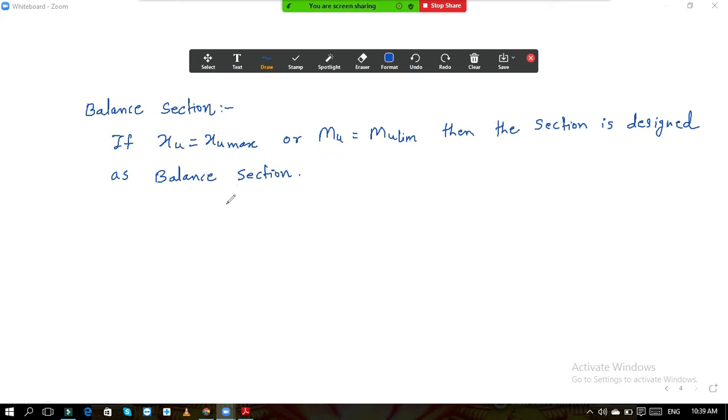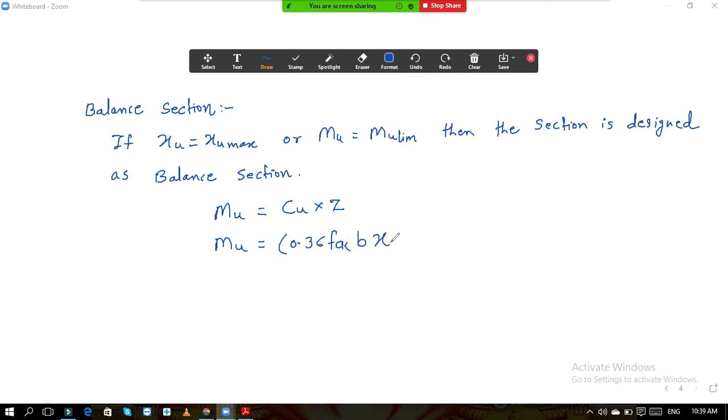So this is the balanced section, and the formula for Mu, the moment, if we want to calculate in this section, is Mu is equal to Cu into z. If you write it further, Cu means 0.36 fck b into xu.